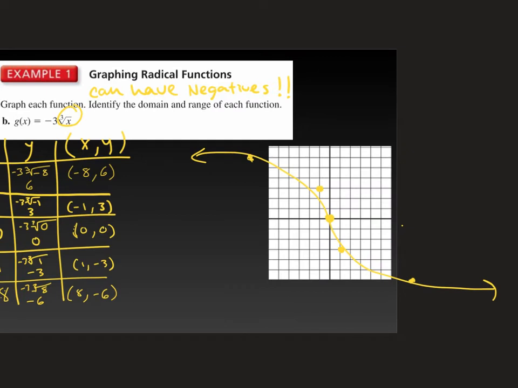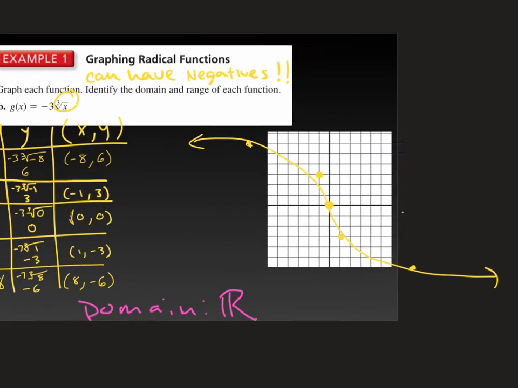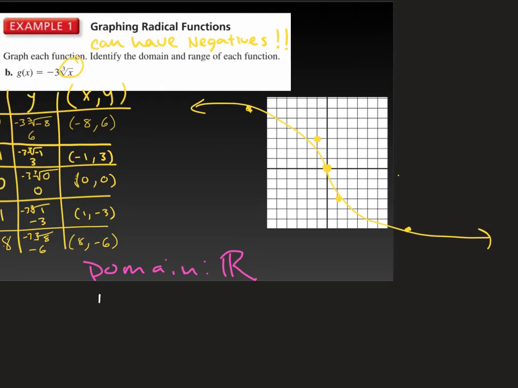So next, let's identify our domain and range. So what is our domain? Awesome. Our domain is all real numbers. We can write all real numbers, or we can use the symbol, an R with two bars. And then what is our range? All real numbers.